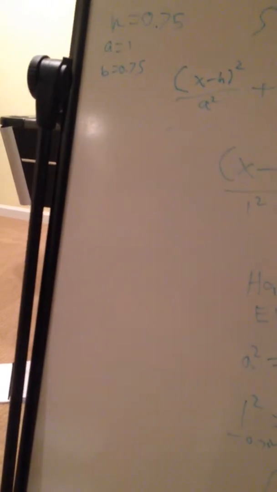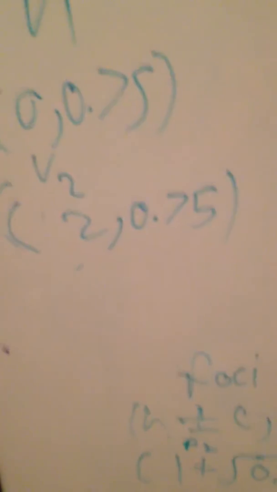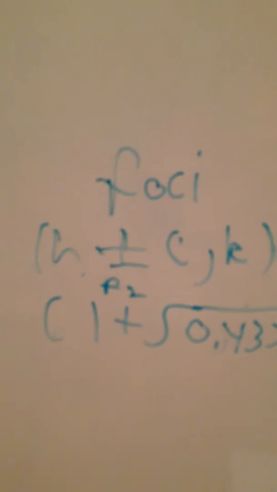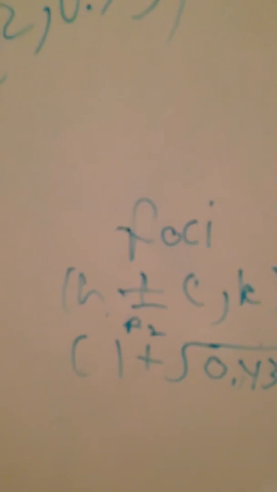So, back to the foci. The formula to find the points of the foci is, because it's horizontal, (h plus or minus c, k). So the k is the point of the center, that whole line, like the major axis.